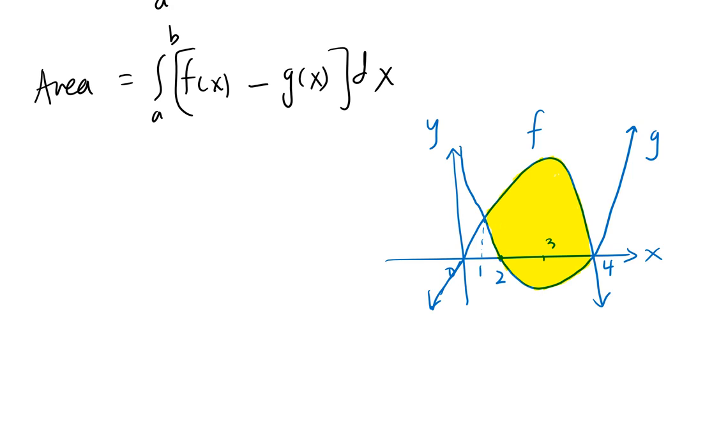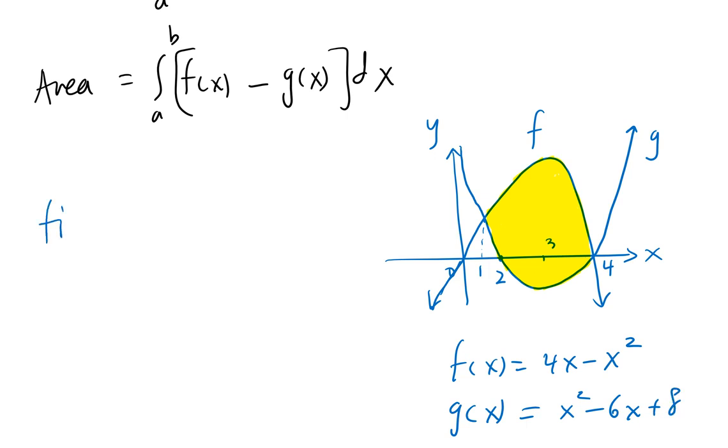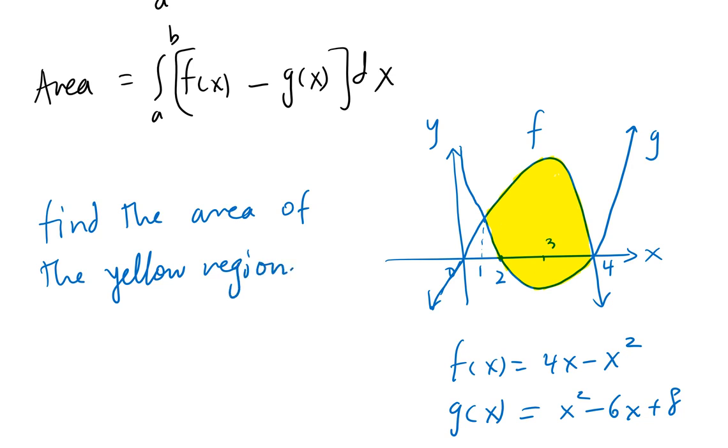So let's say f of x is given as 4x minus x squared, and g of x is x squared minus 6x plus 8. Find the area of the region, or the yellow region, on the right side.